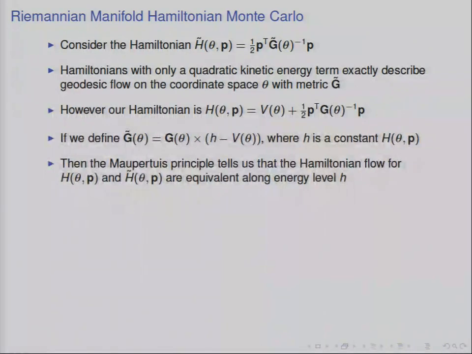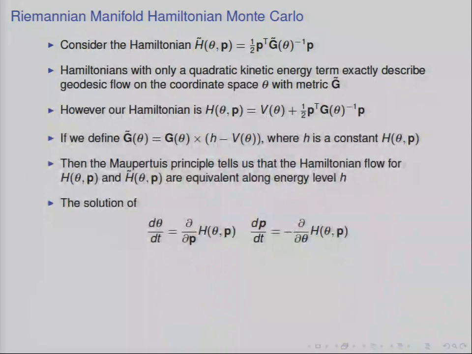Then it turns out that under this principle, the Hamiltonian flow, the solution of the Hamiltonian equations for this Hamiltonian and this Hamiltonian here, where G tilde is defined in this form, are equivalent along a particular energy level, or equivalent along a particular isocontour of probability under our statistical model.